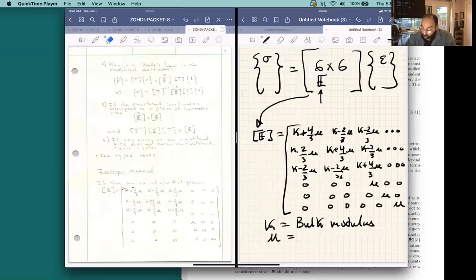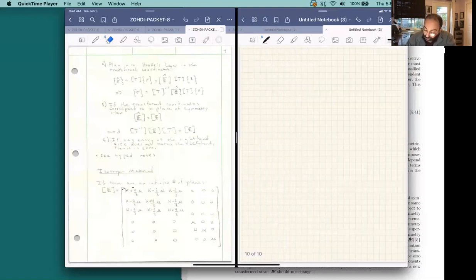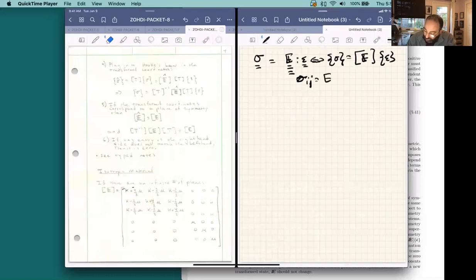But what's much more important is the fact that we have the following. When we write sigma is equal to E epsilon, that is equivalent to writing sigma equals E as a matrix times epsilon, which is equivalent to sigma ij equals E ijkl multiplied times epsilon kl.